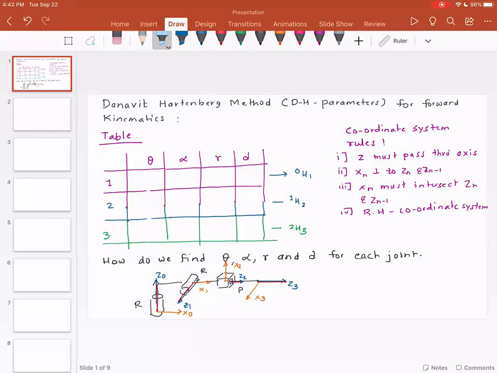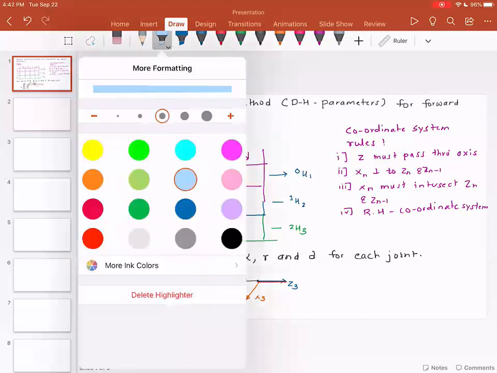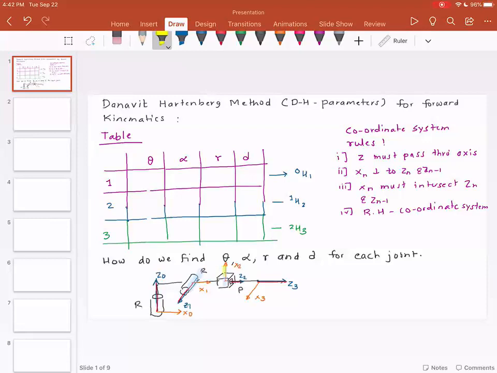X2 needs to intersect Z2 and the previous Z1. One thing I want you to note is that X2 is not intersecting with Z1. So we may have to translate the frame later. X2 is intersecting Z2, but X2 is not intersecting Z1. X2 and Z1 are parallel. Then you have X3 and then you have Z3. Then we complete the right-handed coordinate system, something like Y0.